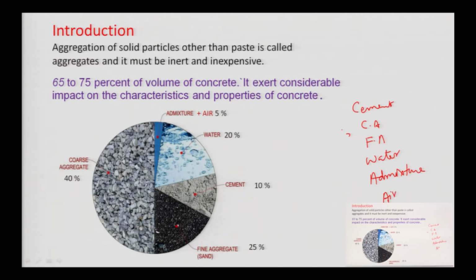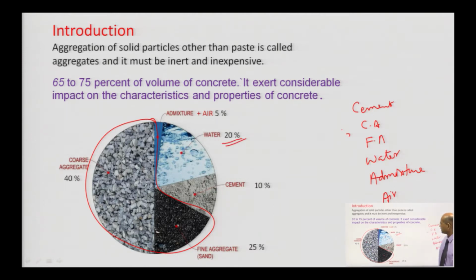If you see this diagram, coarse aggregate and fine aggregate are the major portion of the concrete, almost 65 to 75%. Cement will be around 10%, depending on the grade of concrete, this will vary, but approximately 10%. Water will be 20%, not by weight, it is by volume.